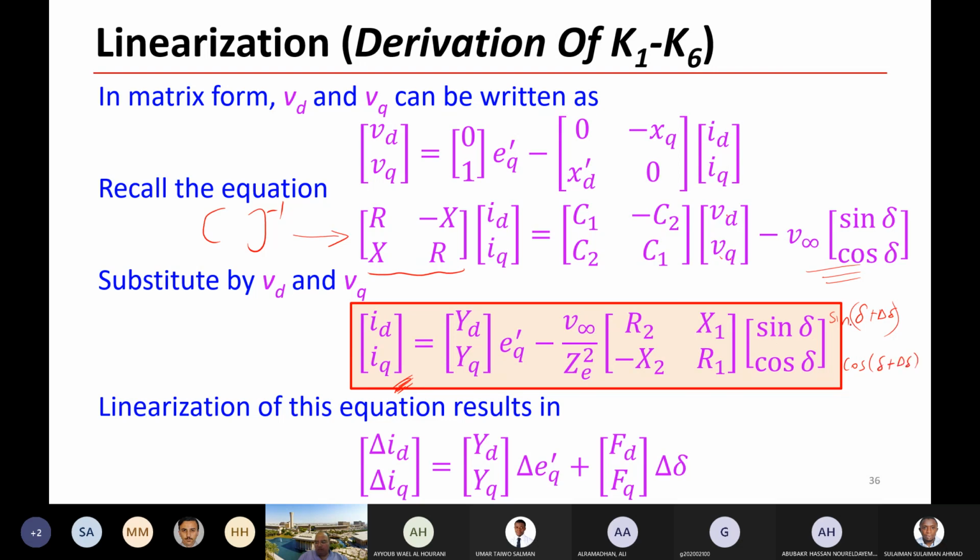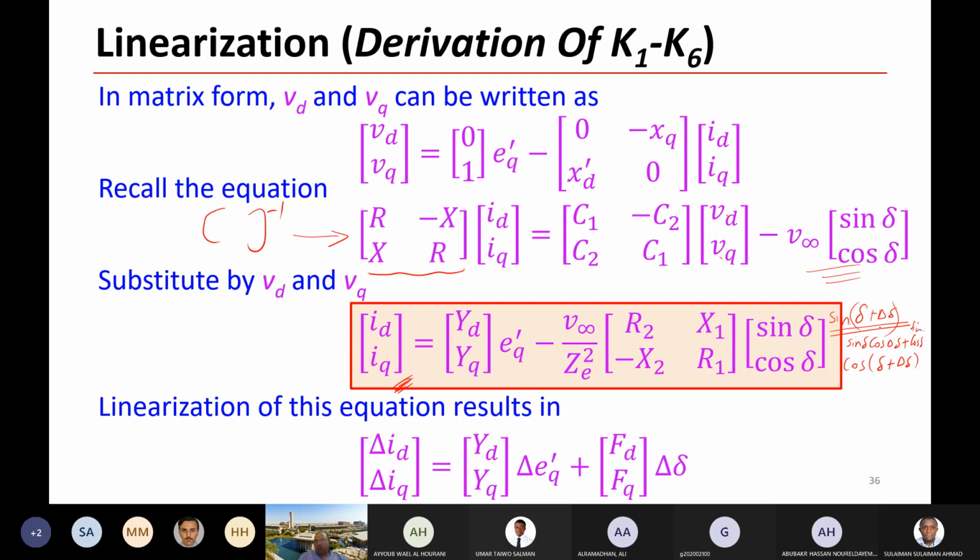If you expand this, what does it give? This is sine delta cosine delta plus cosine delta sine delta.